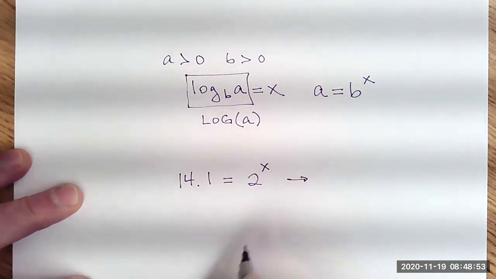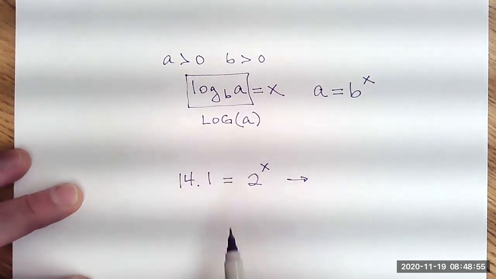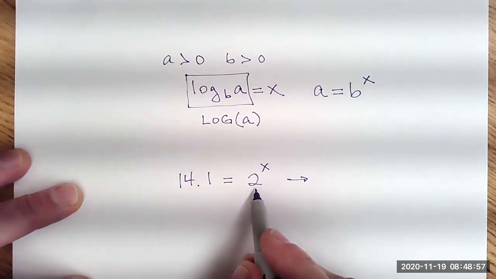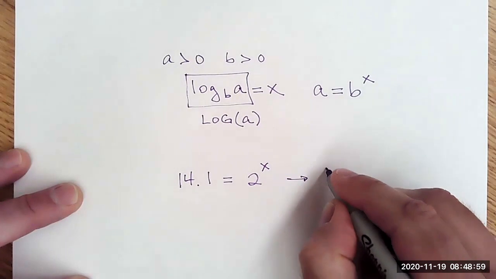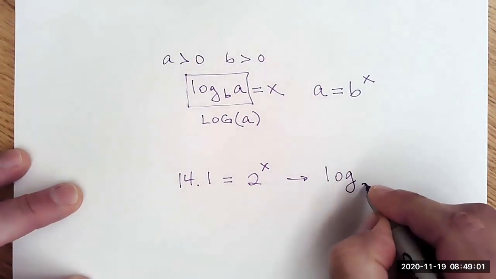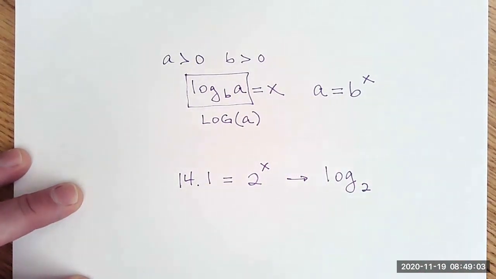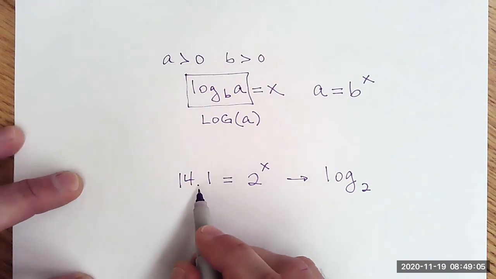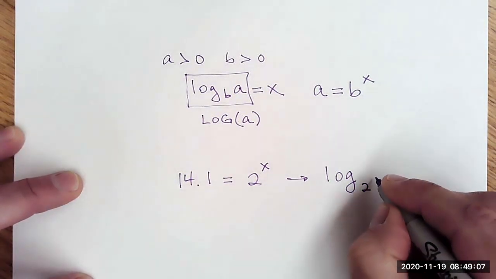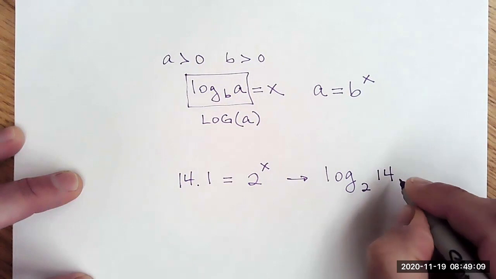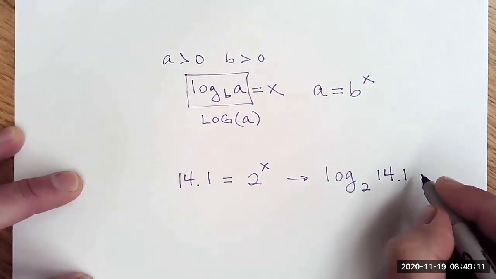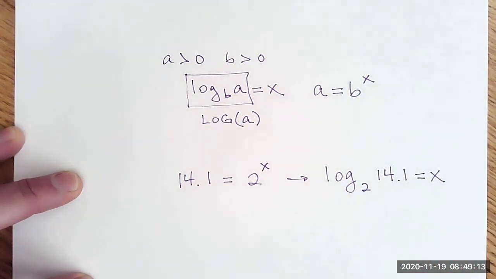All I need to do is convert it to logarithmic form. My log of base 2 of my argument, which is 14 1/10, equals my exponent.